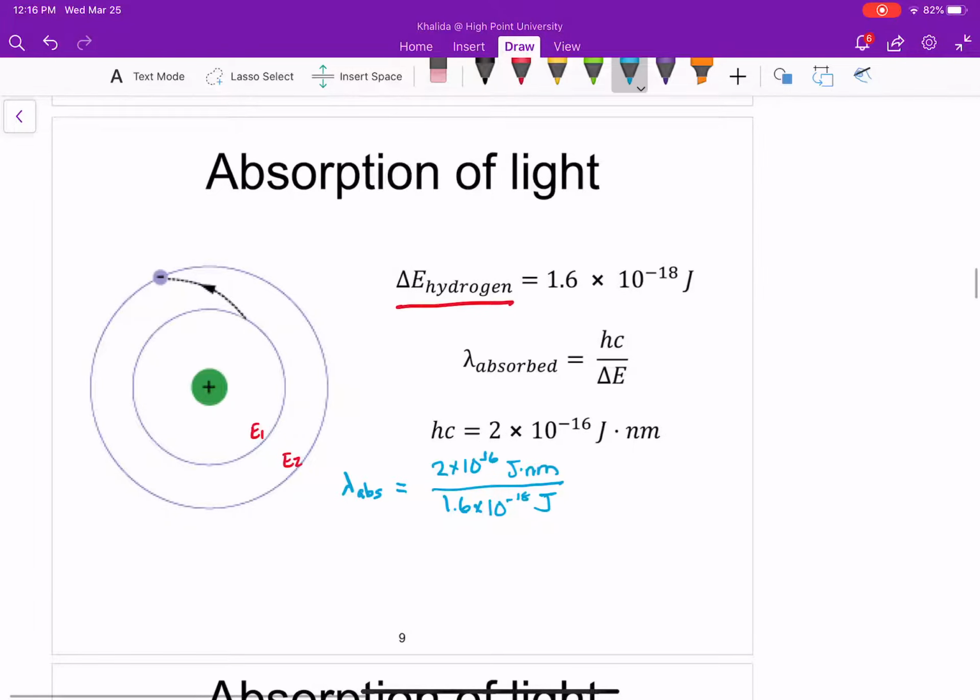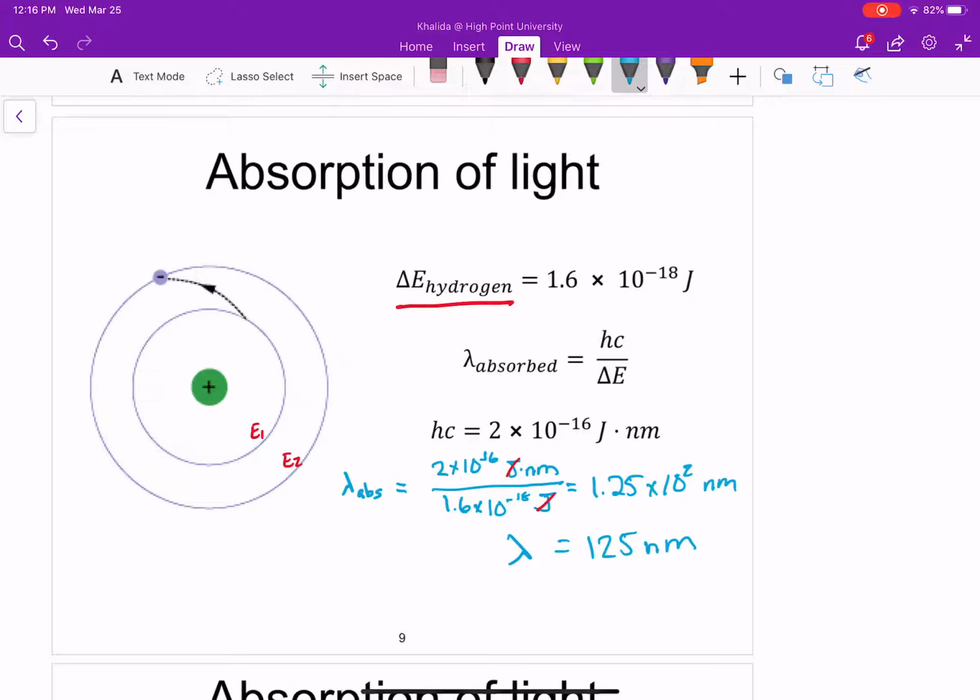You can see that our joules cancel. And we end up with 1.25 times 10 to the 2 nanometers, or 125 nanometers.